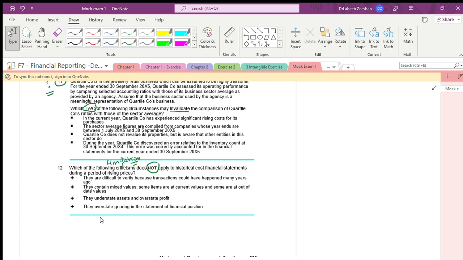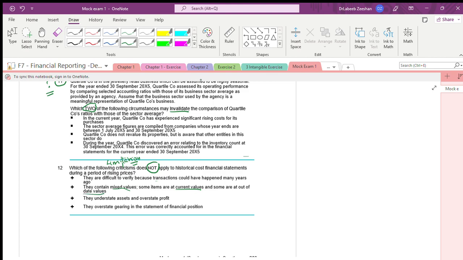Which are the limitations of inflation accounting? They are difficult to verify because transactions could have happened many years ago. They contain mixed values. Some are at current values and some are at out of date values.